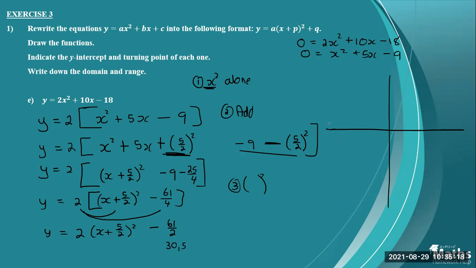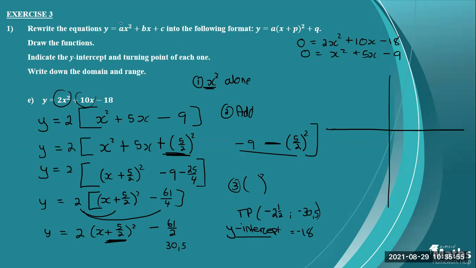So just to get an idea of my numbers that I want to use, my turning point is going to be negative 2.5, right? Negative 2.5, because you work with the opposite sign there. And it's going to be negative 30.5. My y-intercept, the y-intercept, we just make x 0. So if you make the x's 0, the y-intercept is going to be negative 18.